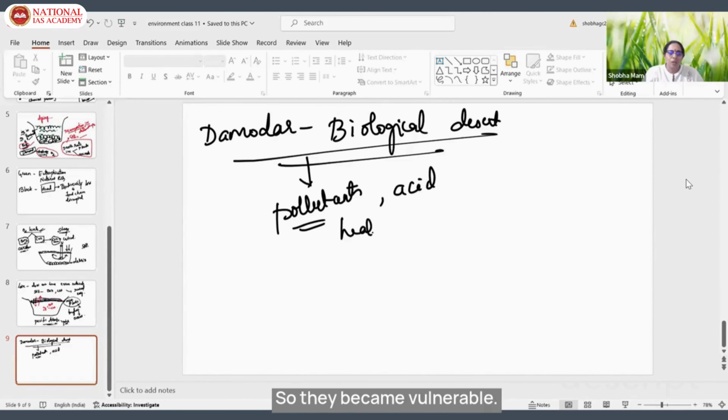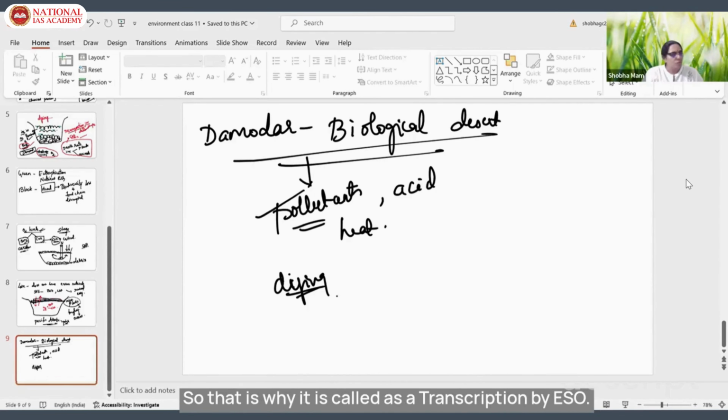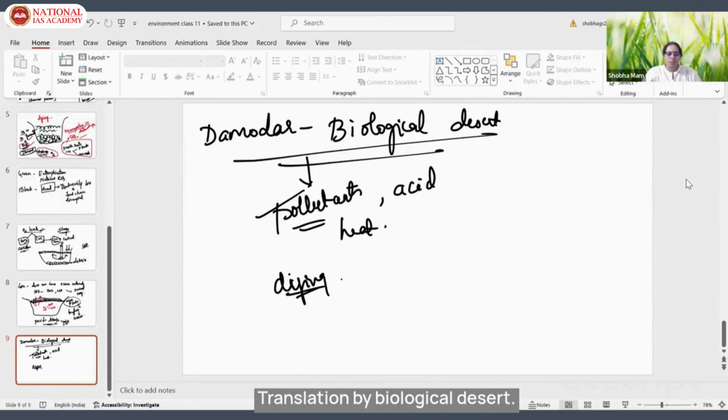They became vulnerable and started dying, and as the pollution has not been cleaned, there is no living organism inside it, so it is called a biological desert. It is completely dead. If you want to clean it now, the source of the river is good; you have to divert this pollutant, only then will the river get cleaned. That is the process to do it.